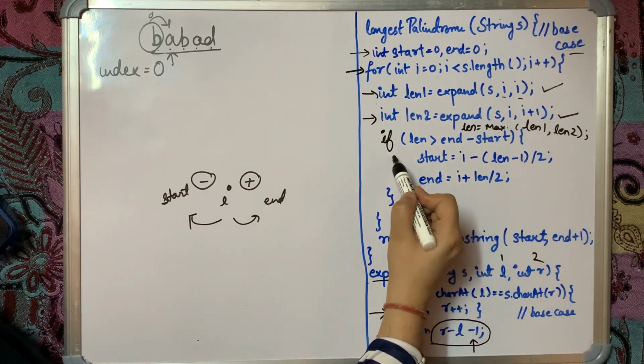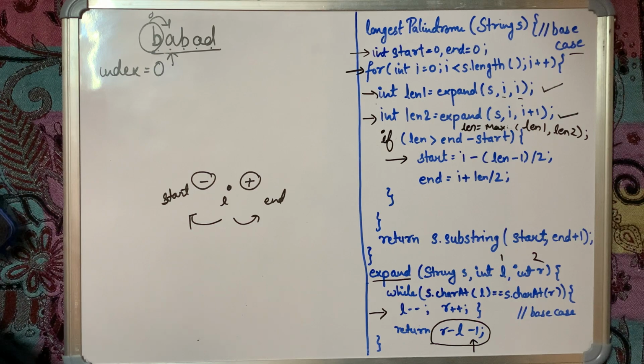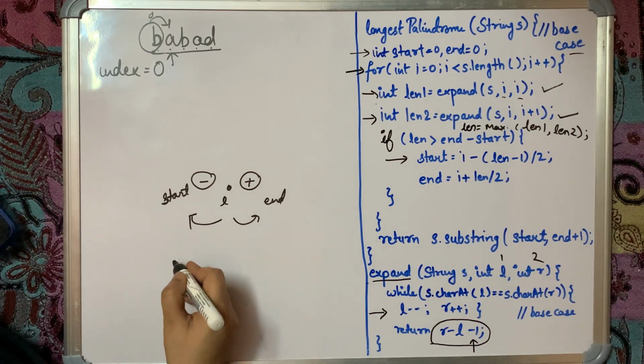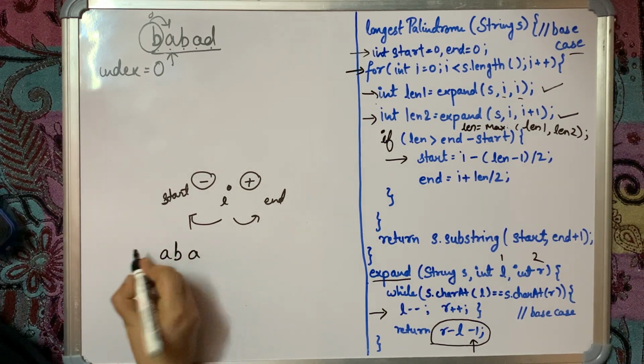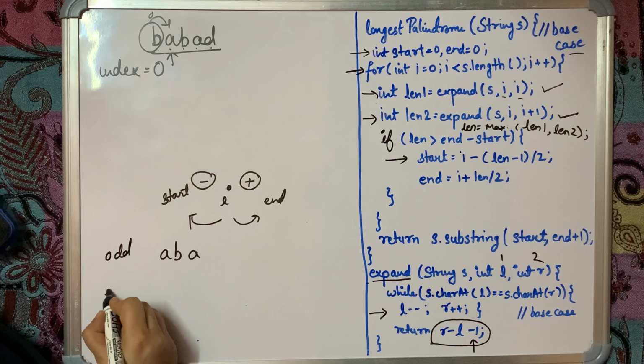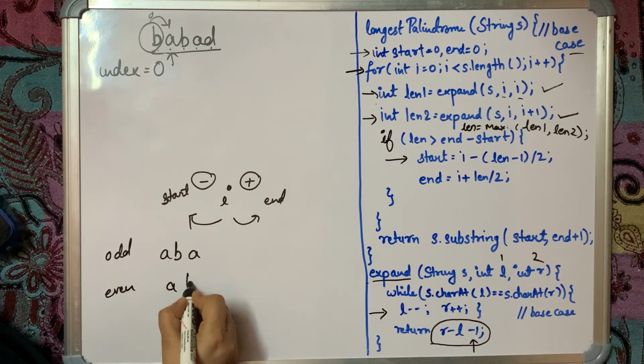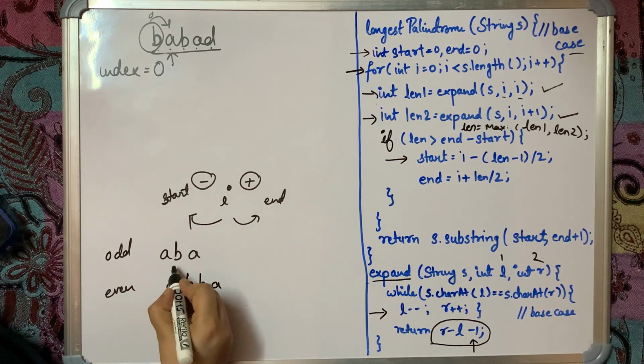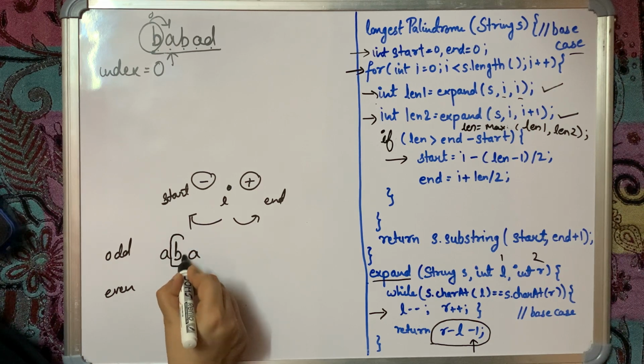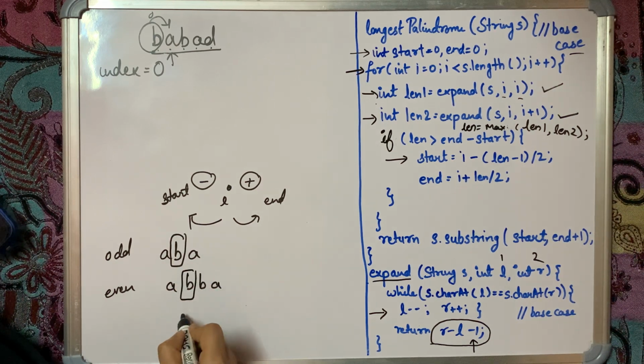Now the reason we have length minus 1 by 2 for the start, why? So now we will go back to the logic of odd and even length strings. For odd, for even, so you know, if you see this one, this is i and this is i.